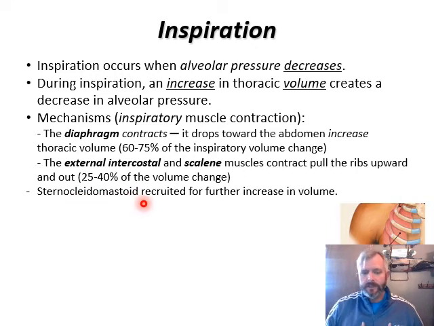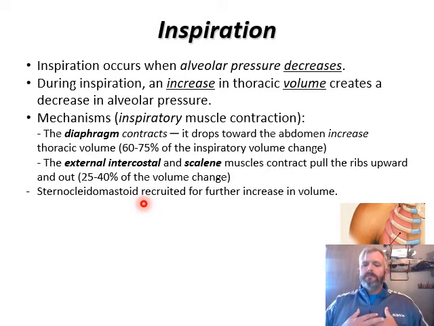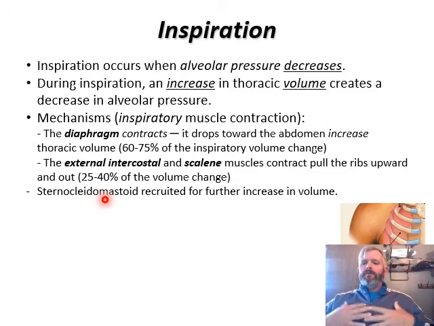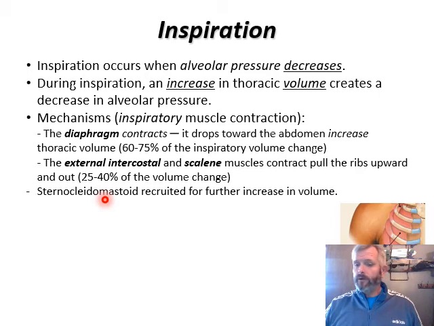So these muscles, the external intercostals, the scalenes, and the sternocleidomastoids, bring the lungs up and out. So that further increases the volume. When I need to do a deep breath, I start recruiting more scalenes and sternocleidomastoids, and that helps bring my thoracic cage up even further and out even more, and creates a greater volume change.